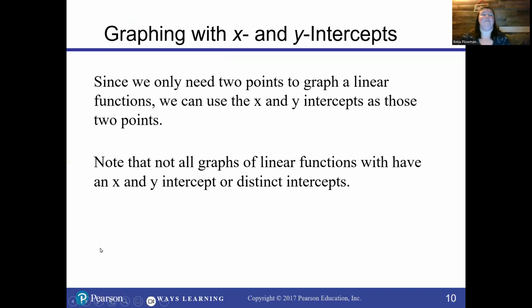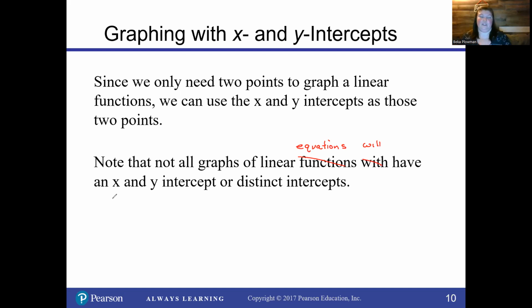But as I was saying, since we only need 2 points to graph a linear function, we can use x and y intercepts as those 2 points. So I'm going to make a little correction here. Not all graphs of linear functions, or equations, because there is a linear equation that is not a function, will have x and y intercepts or distinct intercepts.